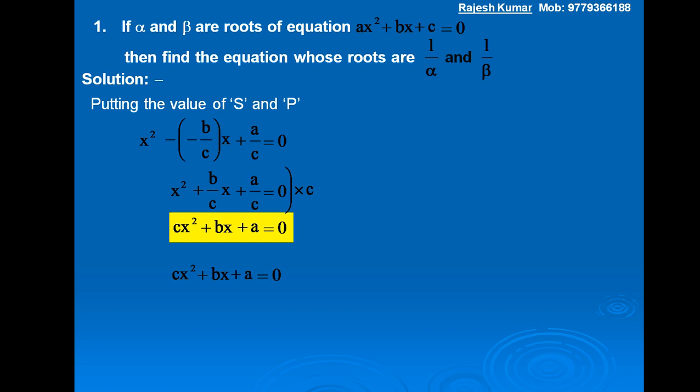We get the required equation cx square plus bx plus a is equal to 0. So this is the method by which we can get the quadratic equation whose roots are the reciprocals of the roots of the given quadratic equation.